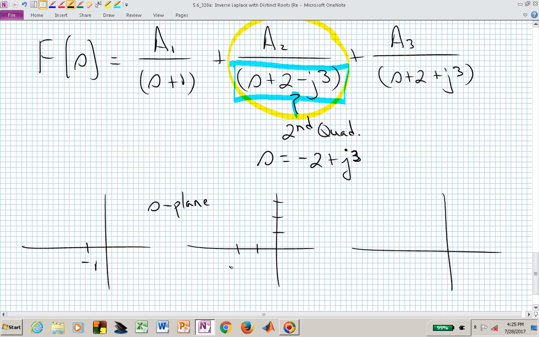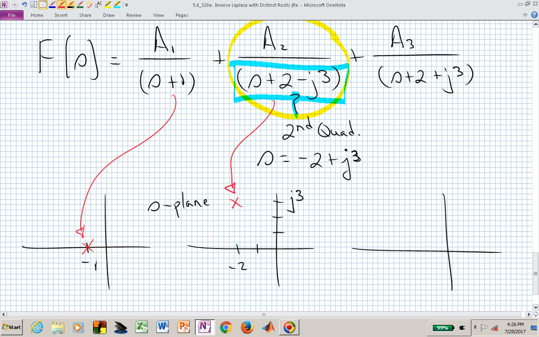At minus 1 we have a pole, or a value of s that would cause that factor to vanish. At minus 2 plus j3, if we replaced s with minus 2 plus j3 in that factor underneath A sub 2, then that denominator would vanish.